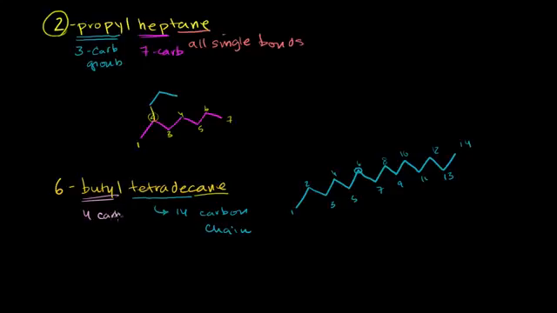You call it an alkyl group; it's attached to something else. So on the 6th carbon, we have a 4-carbon group: 1, 2, 3, 4. That is our butyl, attached to the 6th carbon. So this is what our molecule would look like.